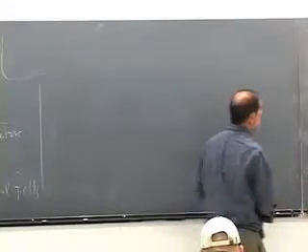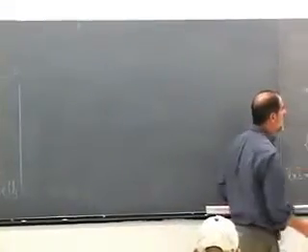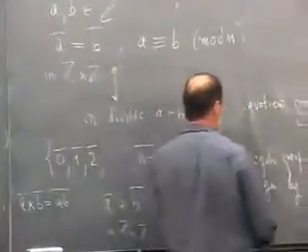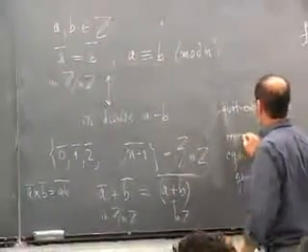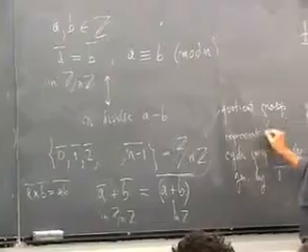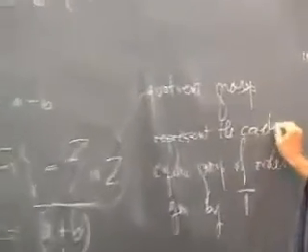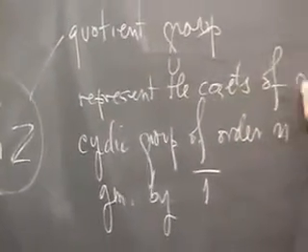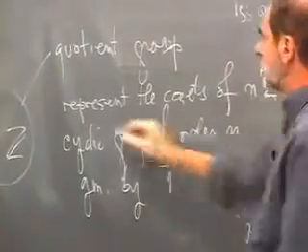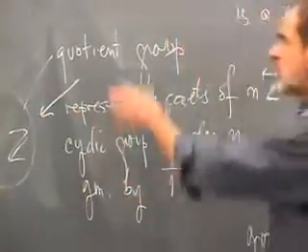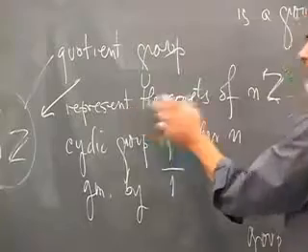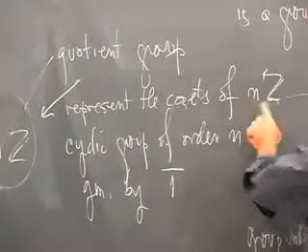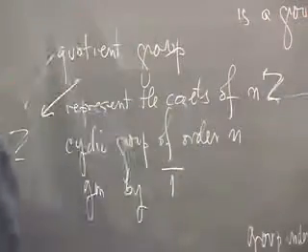By the way, these classes in Z mod nZ are just the cosets of this subgroup. They represent the distinct cosets of nZ. So the quotient group is the set of cosets of the subgroup. And yet we're able to give a multiplication on it. So that's going to be our question.